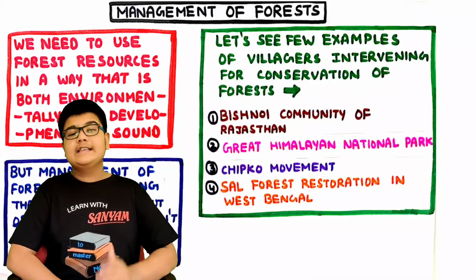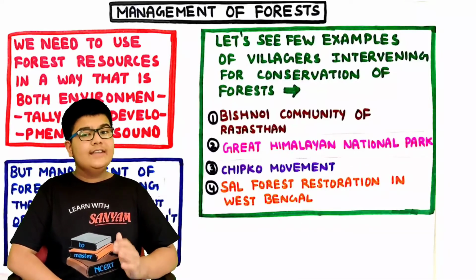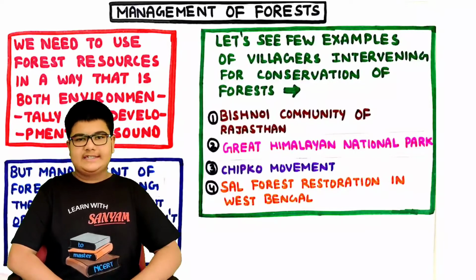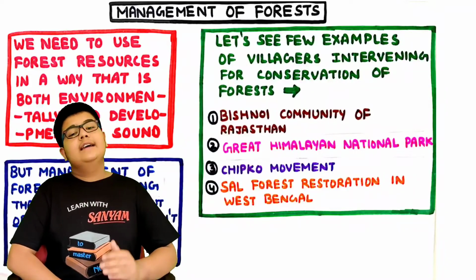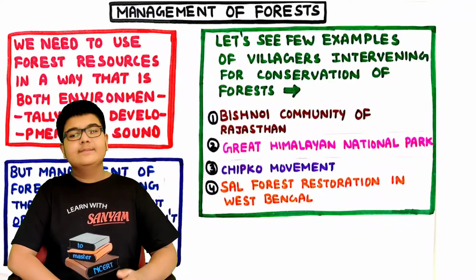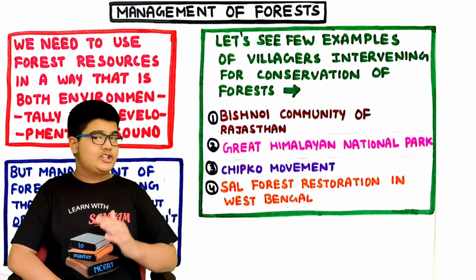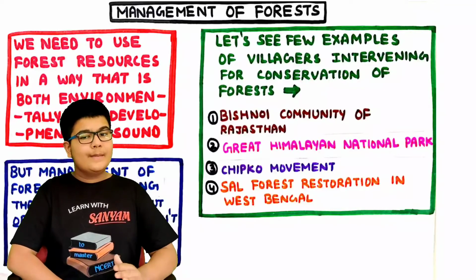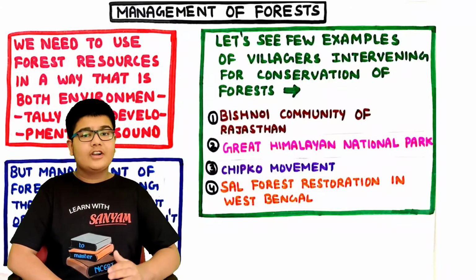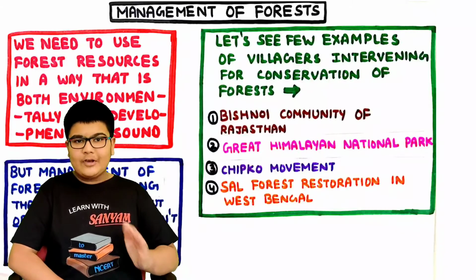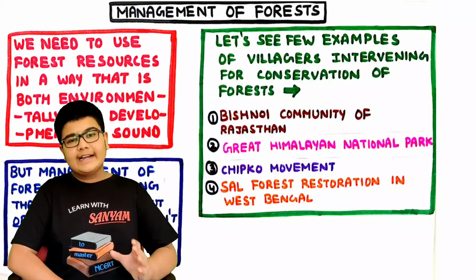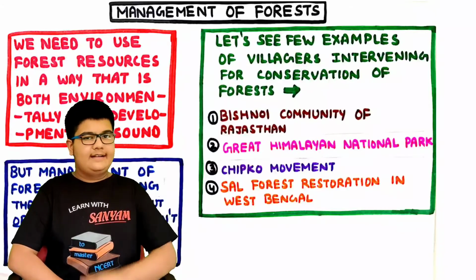Let's see a few examples of villagers intervening for the conservation of forests. First is Bishnoi Community of Rajasthan. The second is alpine grasslands of the Great Himalayan National Park. The third is the Chipko Movement, and the fourth is Sal Forest Restoration in West Bengal. Now let's study the facts about each one of them in detail.